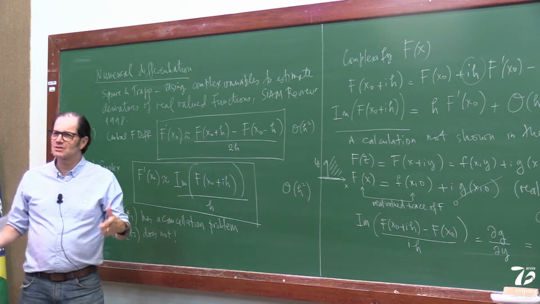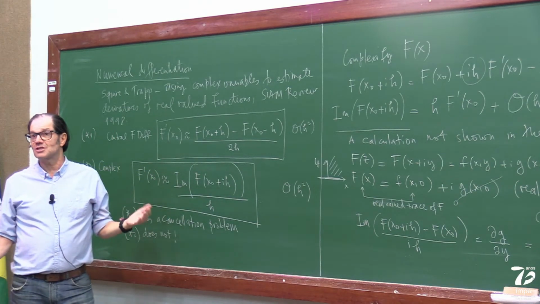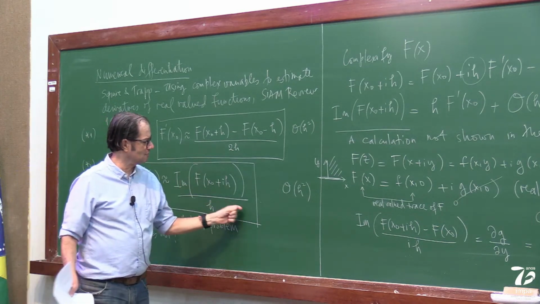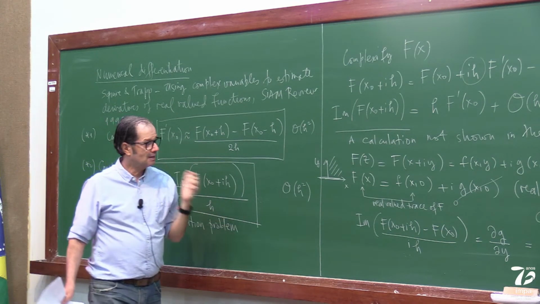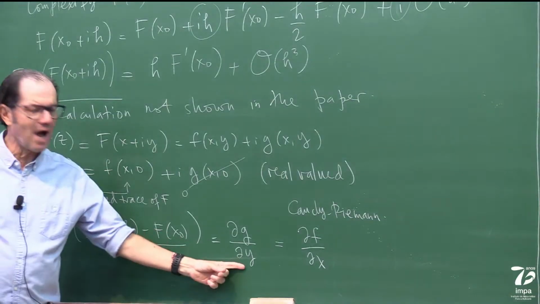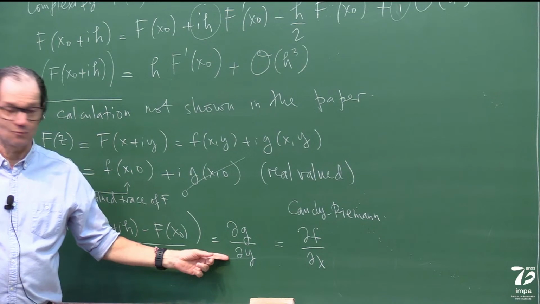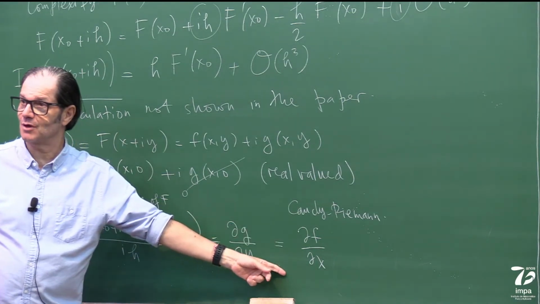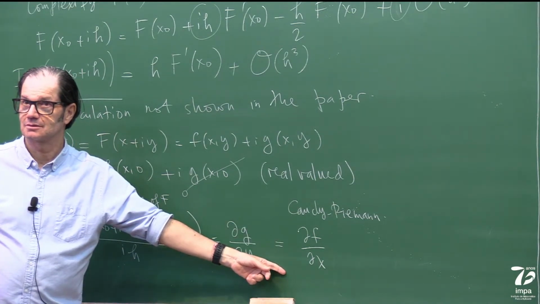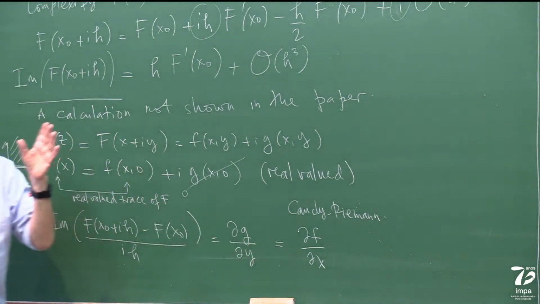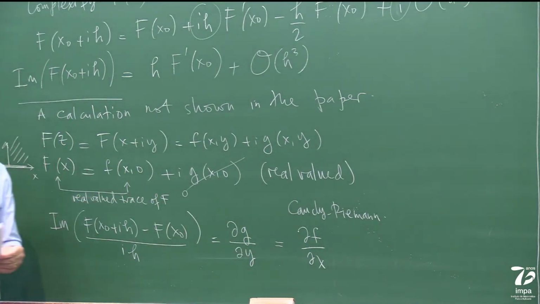But I wanted to get some intuition, and the intuition is that what this formula is doing is computing the y derivative of the harmonic conjugate of f, which is basically the x derivative, what we want, without ever really having to think this way.